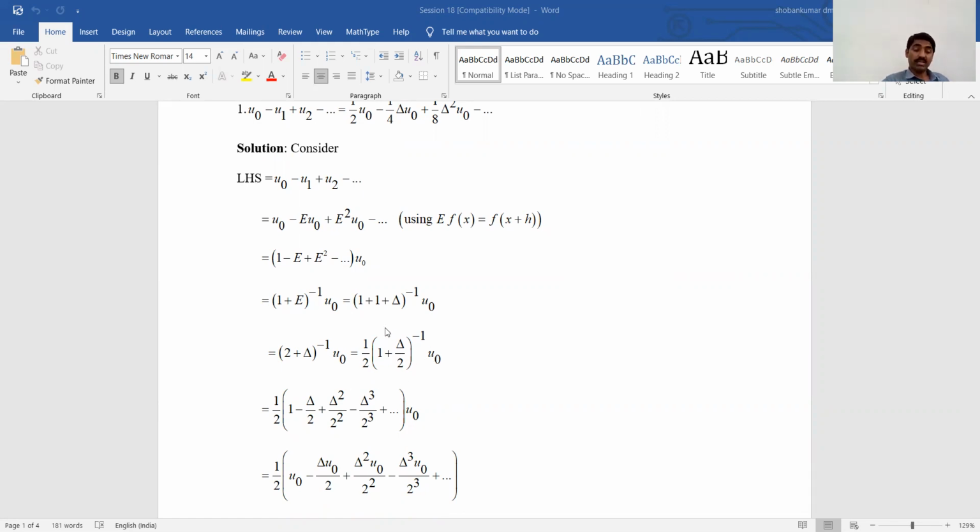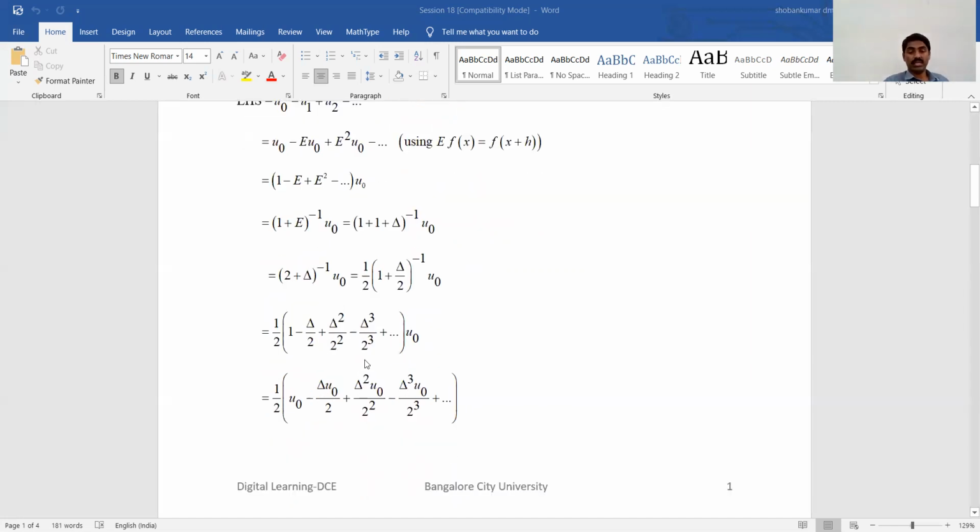And again applying the binomial theorem, (1 plus x) to the power minus 1 is 1 minus x plus x square minus x cube plus x to the power 4 and so on. Here instead of x, delta by 2. Therefore, 1 by 2 into 1 minus delta by 2 plus delta square by 2 square minus delta cube by 2 cube plus and so on, into u naught.